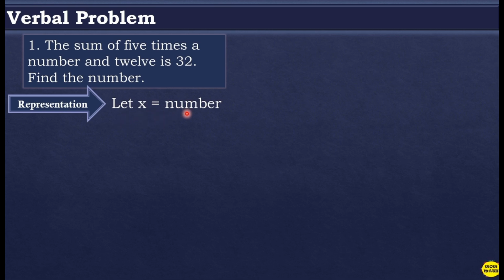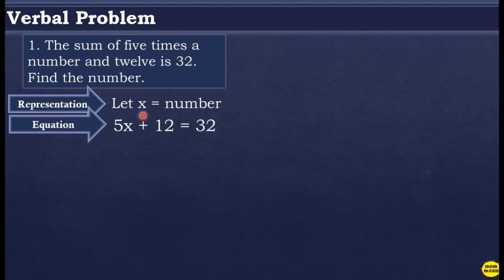Then after that, going back to the problem, the keyword is the sum. The sum of who? The sum of 5 times a number and 12. Okay, since it is sum, we're going to use the addition.